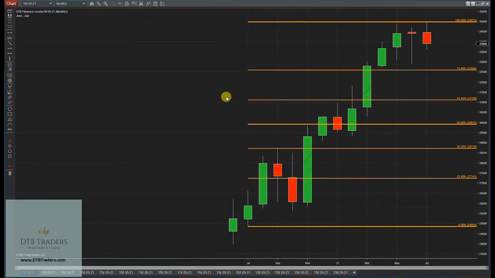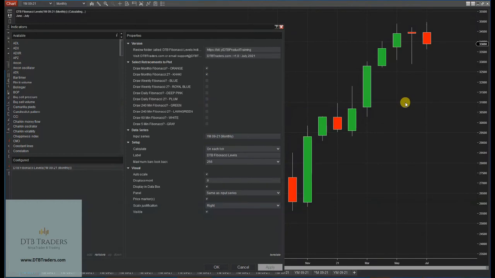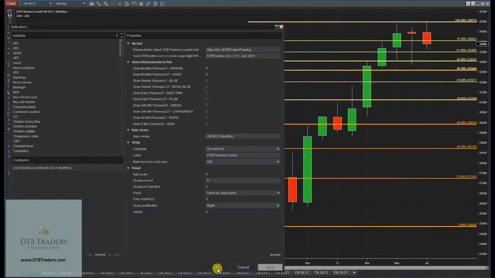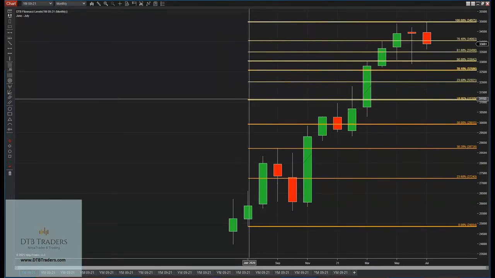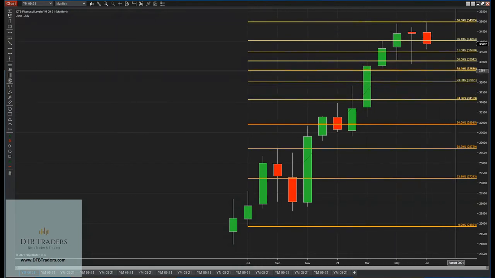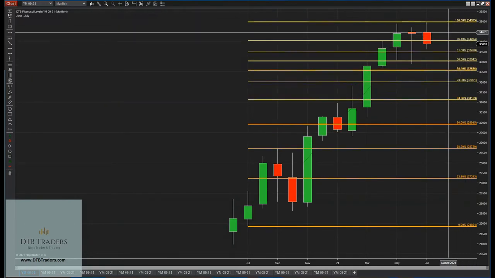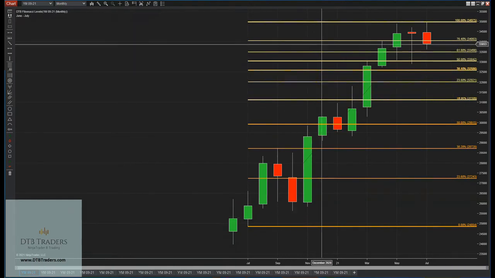So if I go back to the indicator settings and put this one in, and it's going to be khaki, it's going to draw from the 61.8 to the 100, and it's going to segment that section. You'll find that the 38.2 is going to match the 76, and then it's going to further reduce that.